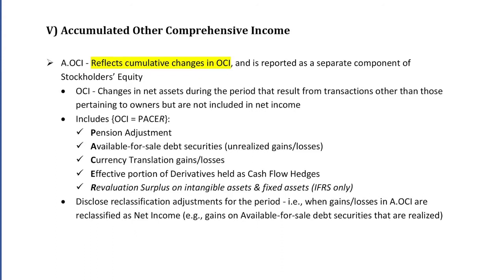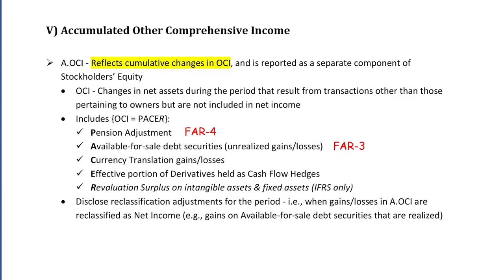So let's look at other components. The P of PACE, that's pension adjustment, and we have covered this in FAR-4. A stands for available for sale securities, and we are looking at only unrealized gains and losses, and this was in FAR-3. The C of PACE, that's currency translation gains or losses.